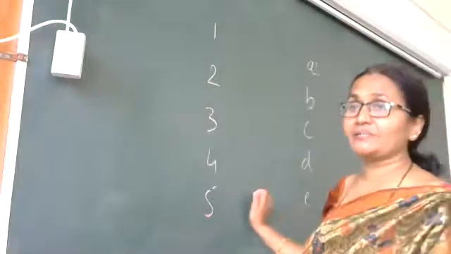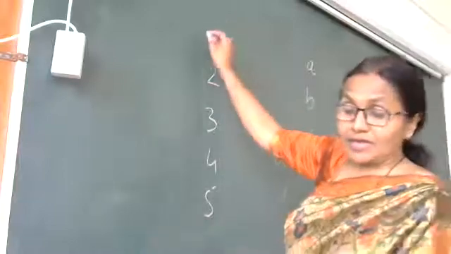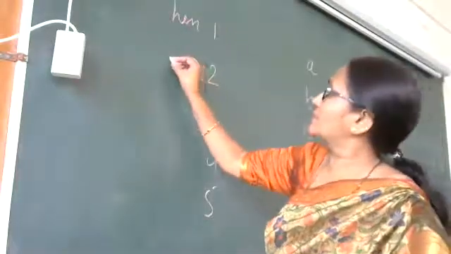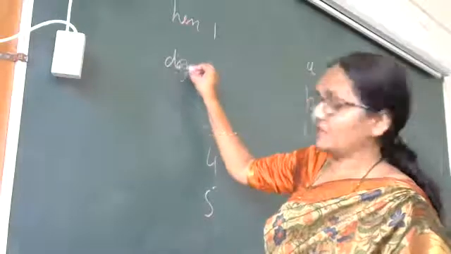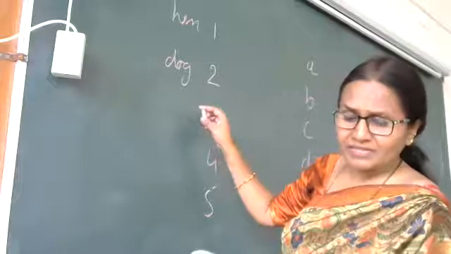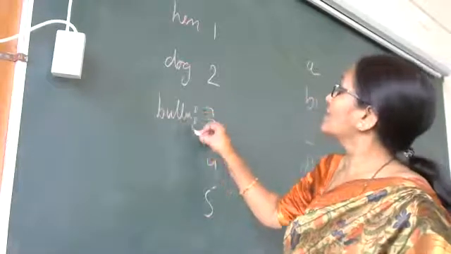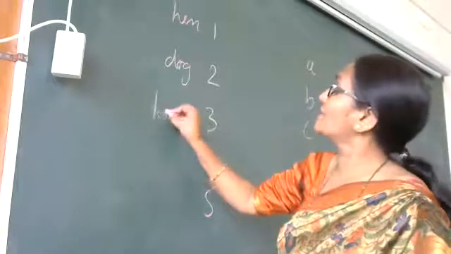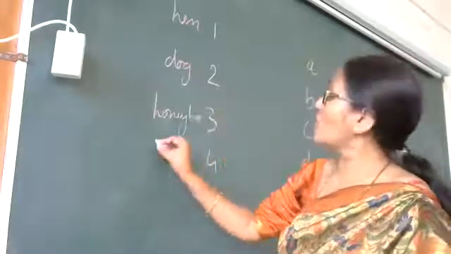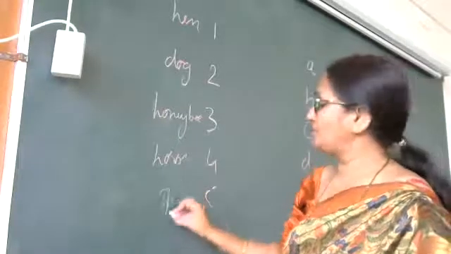Okay. Where does it live? Hen. Which house? Now 1, 2, 3, 4. Here the hen lives. Right? Puppy. Okay. Dog is there. Then is it a butterfly? Honeybee it is. Honeybee. Very good. Then horse. Then frog.